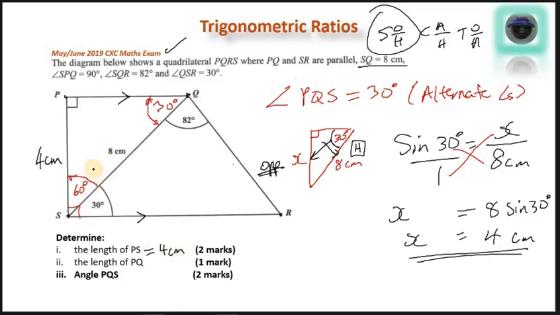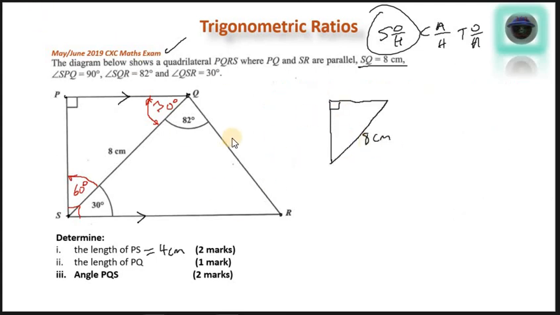Now we could have used this angle of 60 degrees. Could have used that. All right. Let's see, how would we use that? All right, so we have the right angle triangle here, which is PQS. I would notice this angle here, PSQ right here, is 60 degrees.